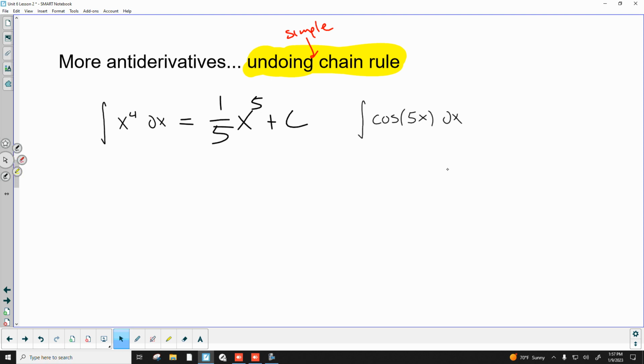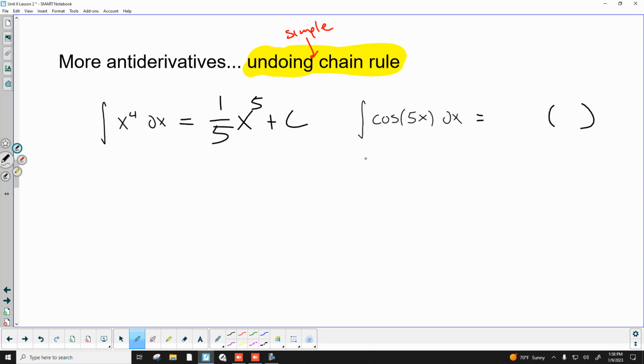Okay. Ready? Here we go. Here's what I wanted you to do. If you didn't do this, it's okay. We'll eventually figure it out. But you know you're going to have some parentheses here. You know you have to have the 5x inside there.